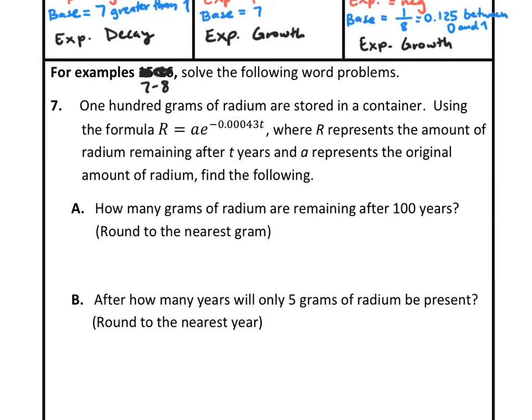So let's read. For number 7, 100 grams of radium are stored in a container. Using the formula R equals A e to the negative 0.00043 t, okay, so it's a really small number, where R represents the amount of radium remaining after t years, and A represents the original amount of radium.